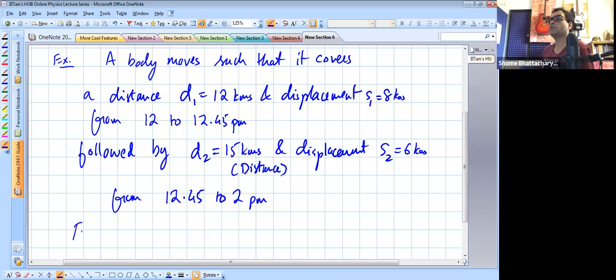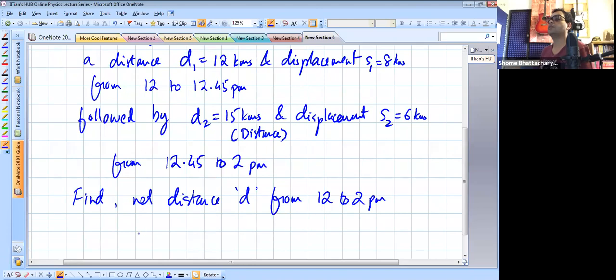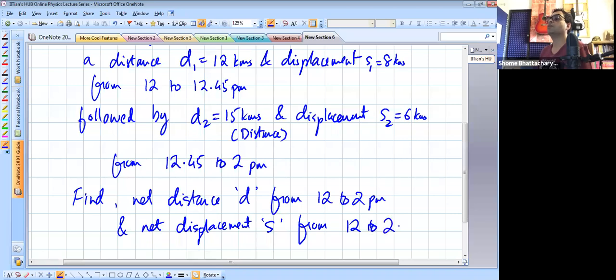So now we want to find out the net distance d from 12 to 2 p.m. And along with that, I also want to find out the net displacement S from 12 to 2.